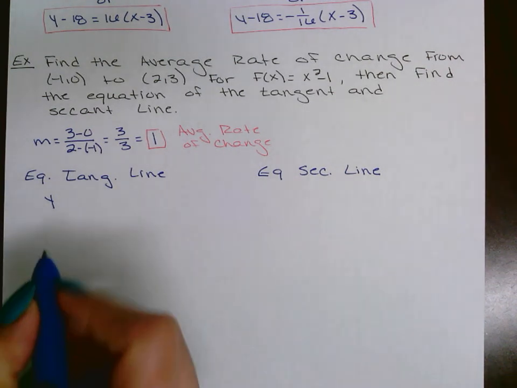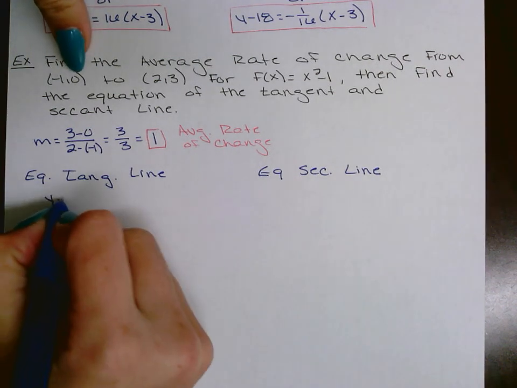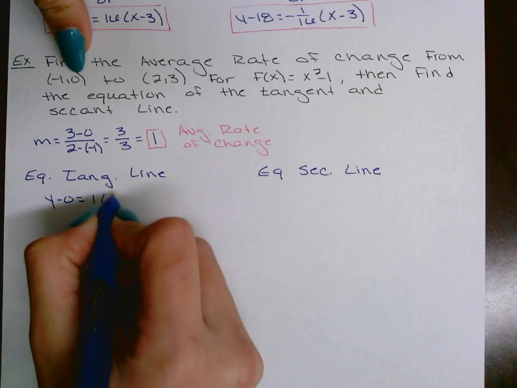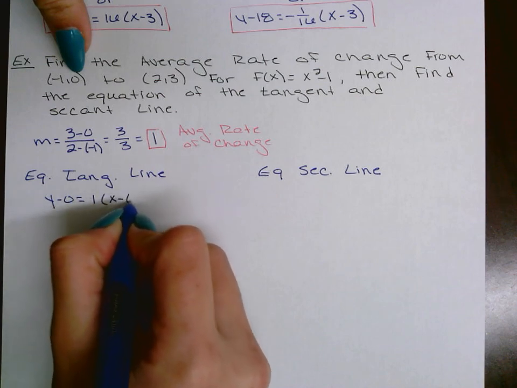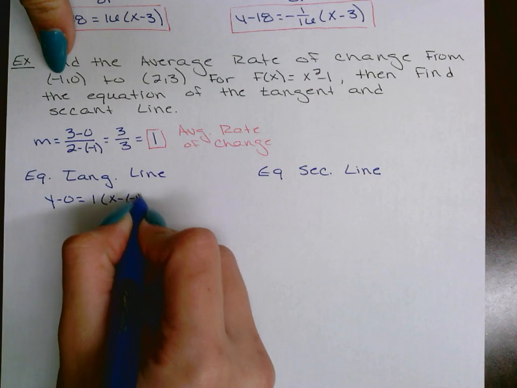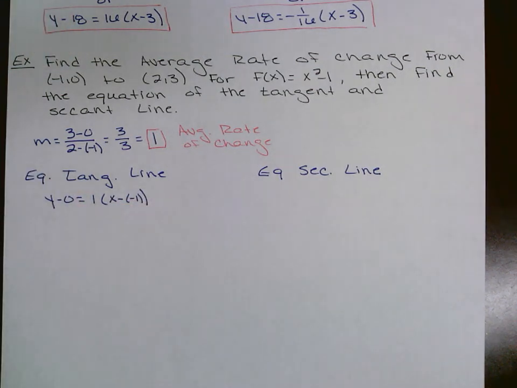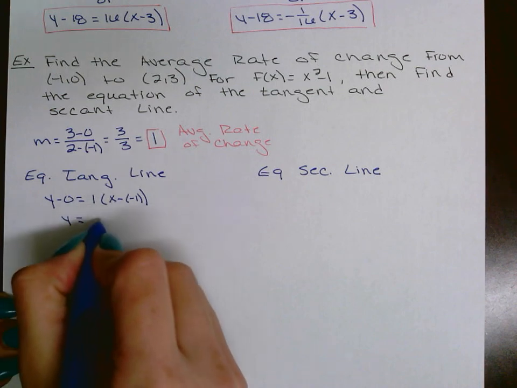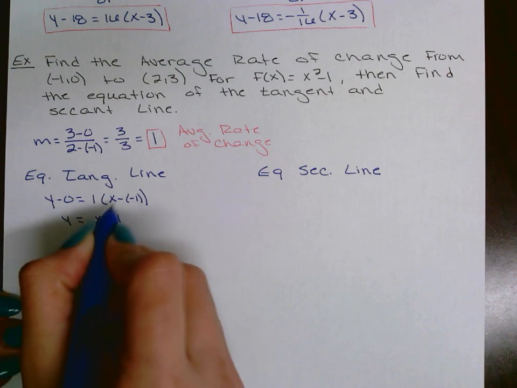So we can put y minus y1 equals the slope, which is 1, and then x minus x1. So this cleans up to y equals 1 times anything is just itself. So I have x plus 1.